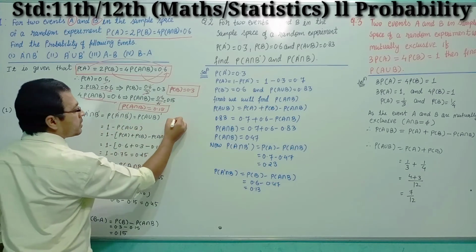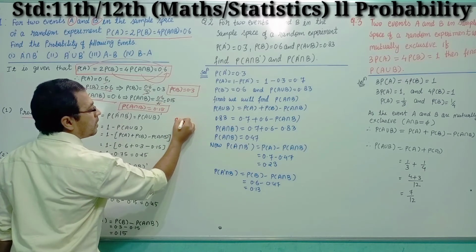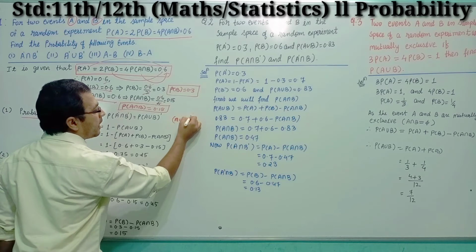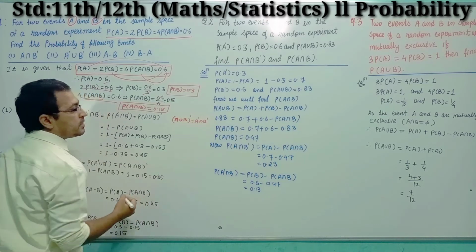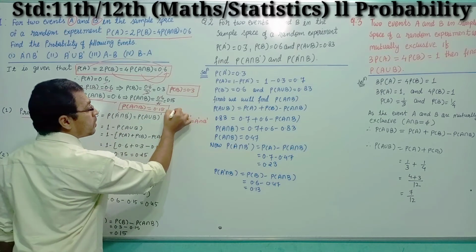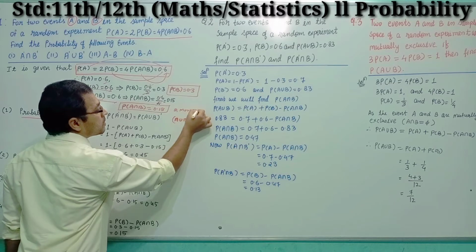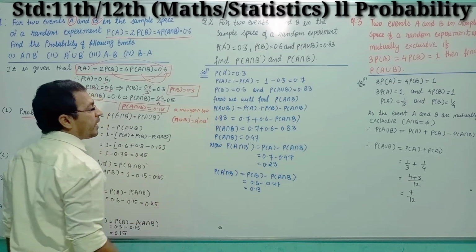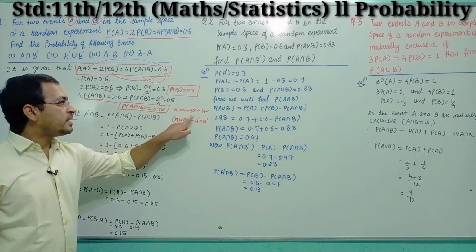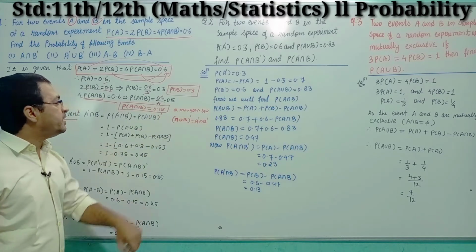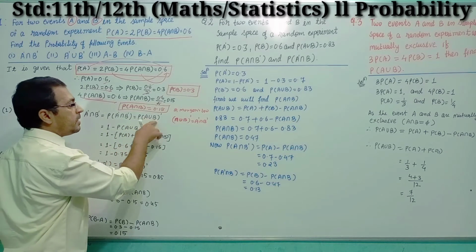We know De Morgan's law: A union B whole dash is equal to A dash intersection B dash. So A dash intersection B dash can be written as A union B whole dash.